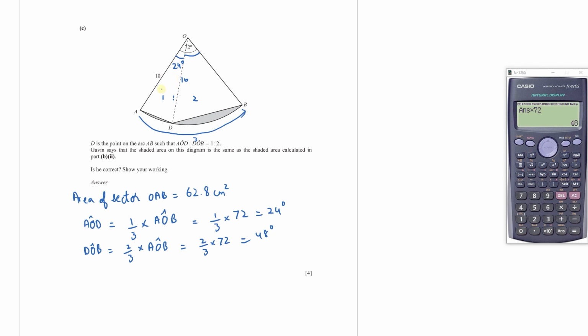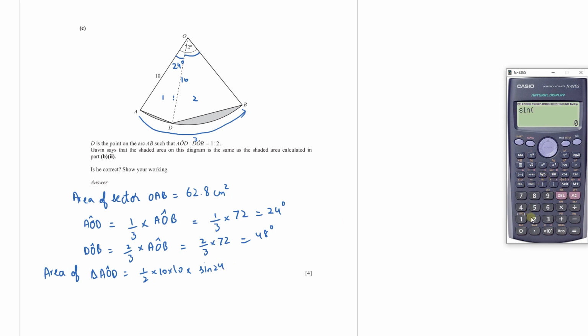Now I can calculate the area of these triangles. So the area of triangle AOD will be 1 by 2 into this side 10, this side 10, and sine of the angle between them. So 10 into 10 into sine of 24.